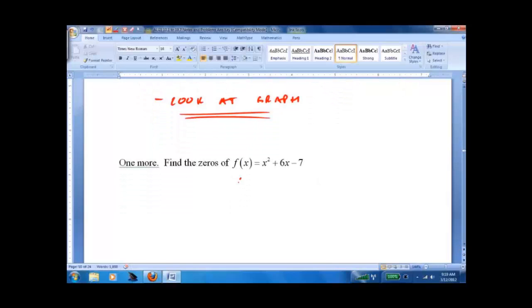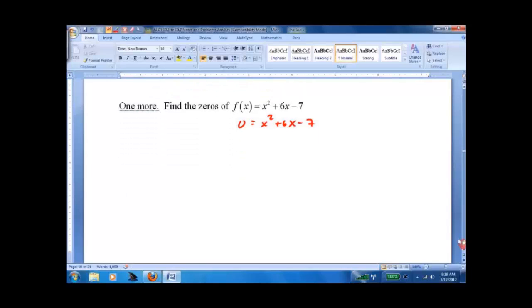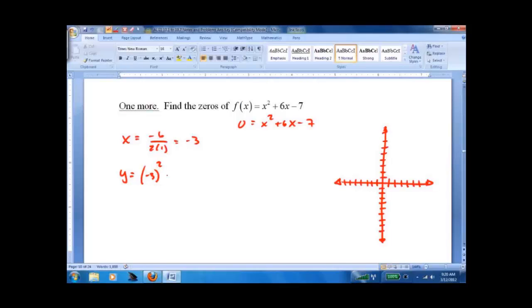Find the zeros. Going to do my work over here. So, 1, 2, 3.